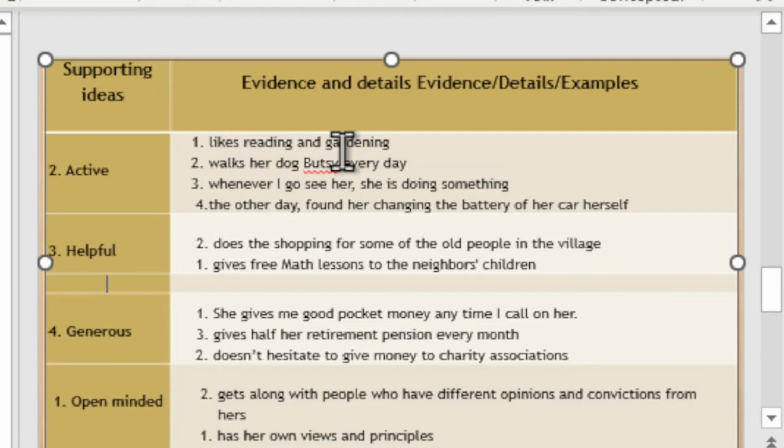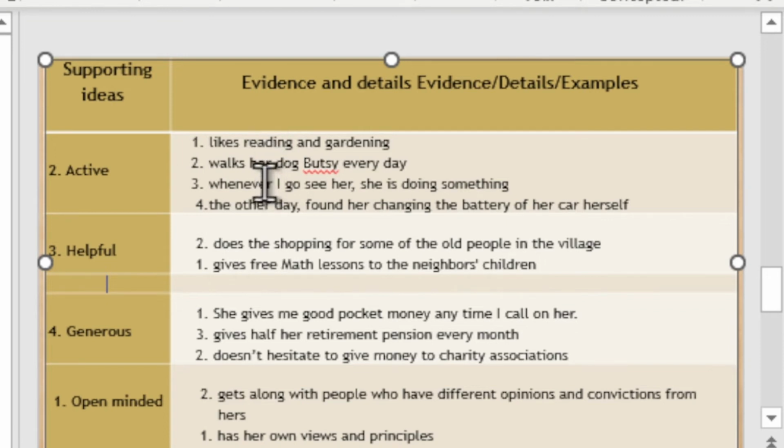Just sitting down and reading, just working in the garden is not that much activity. If you compare it with walking her dog Butsy every day, well, that is something. That is action.